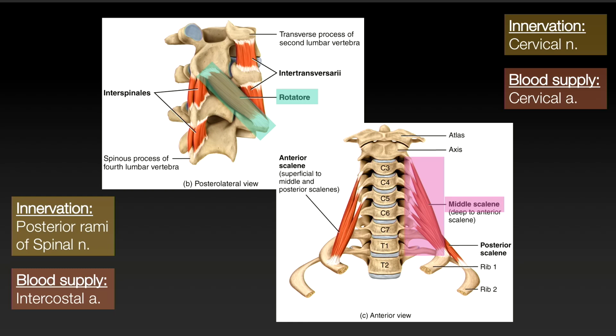I'm going to show you briefly, not in a lot of detail, this 2D picture presenting the scalenes and breaking them into three groups. I've highlighted the middle scalenes as the exemplar, but there are posterior, and you can guess where that is, and anterior scalenes.